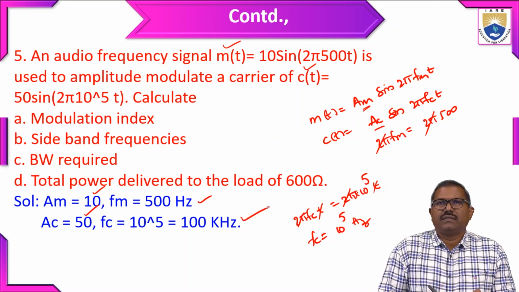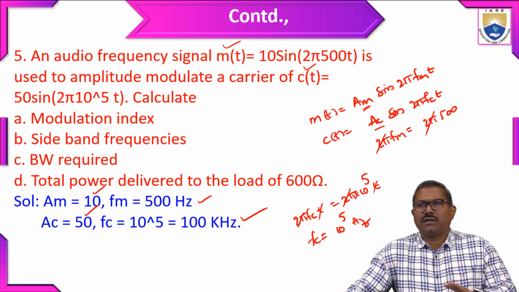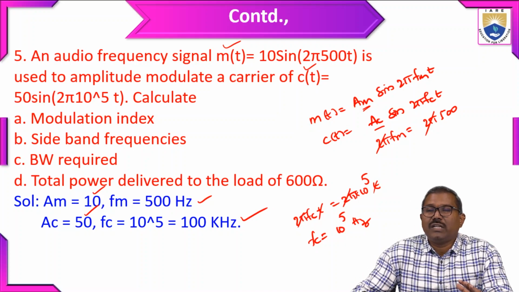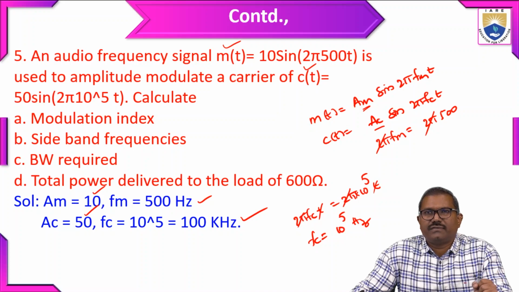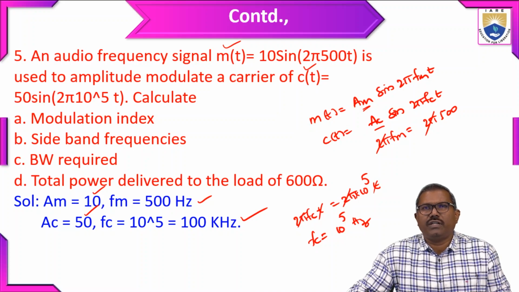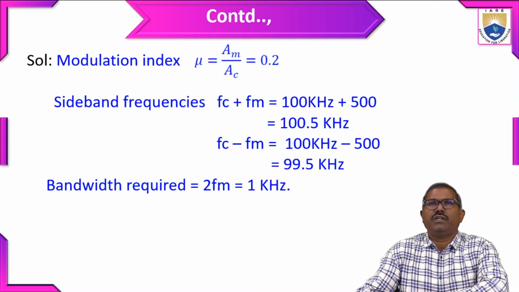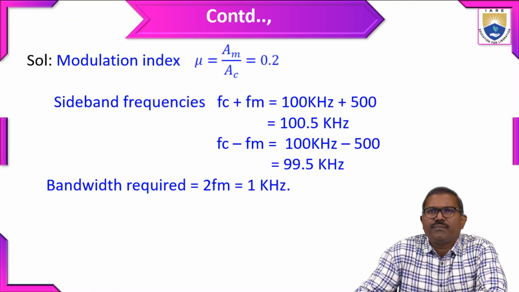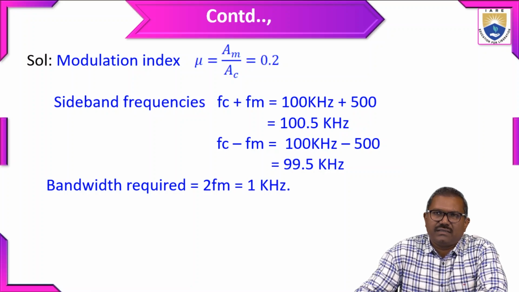Okay. So now I have the basic data recovered from the given problem. By using the data, I substitute in the formulas, then I get the values. First one is the modulation index. Modulation index mu is equal to Am by Ac.